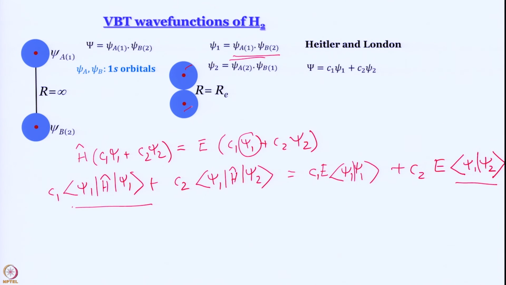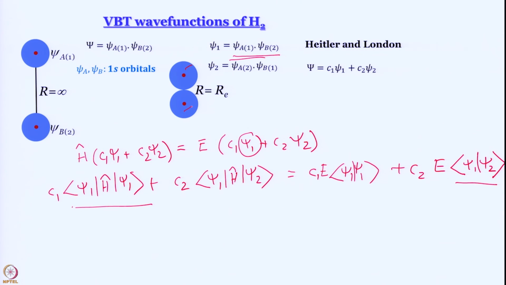These two 1s orbitals are not mutually orthogonal. This is a concept where sometimes we get confused. Two orbitals or two wave functions of the same system, if they are not the same, of course they have to be orthogonal to each other, but of different systems they are not orthogonal. In fact, as we will see, we are going to get some new quantity out of all this, okay.